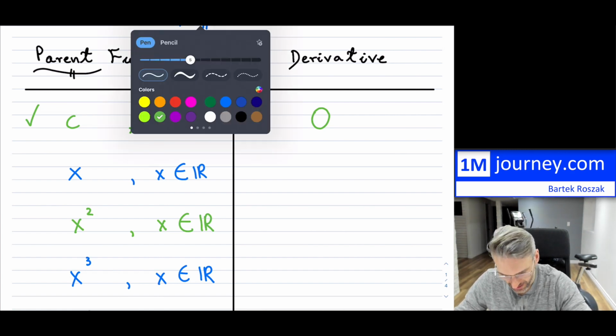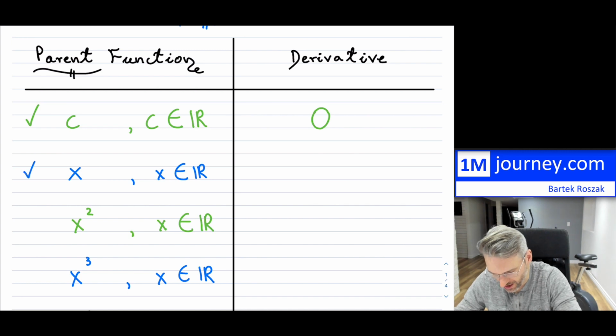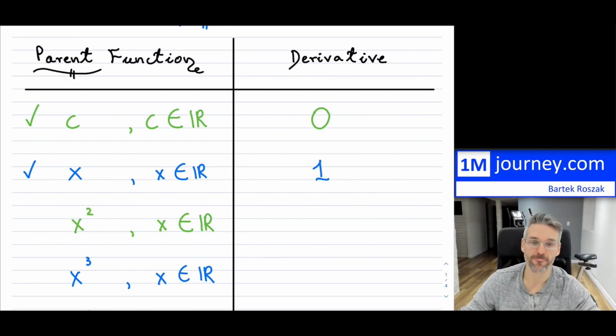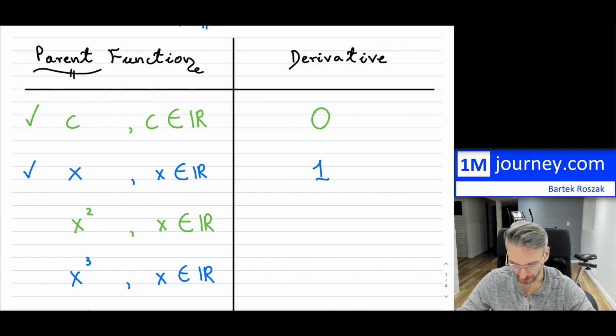The second one, if you take a line, should not surprise you. The derivative here, which basically means the slope, is going to be equal to 1. And that is just the slope for all of x, because it is just a simple line which crosses through the origin.